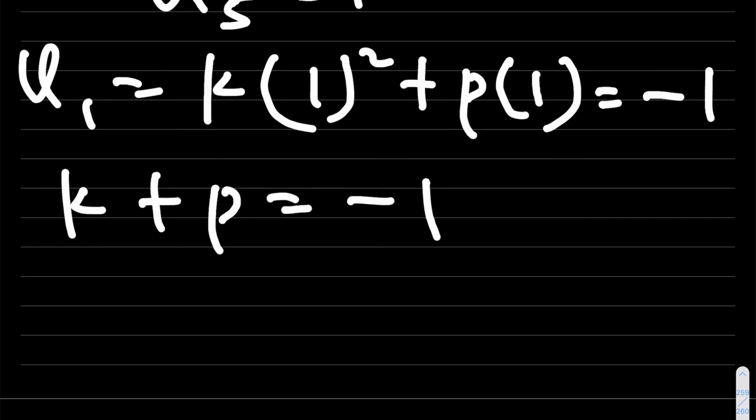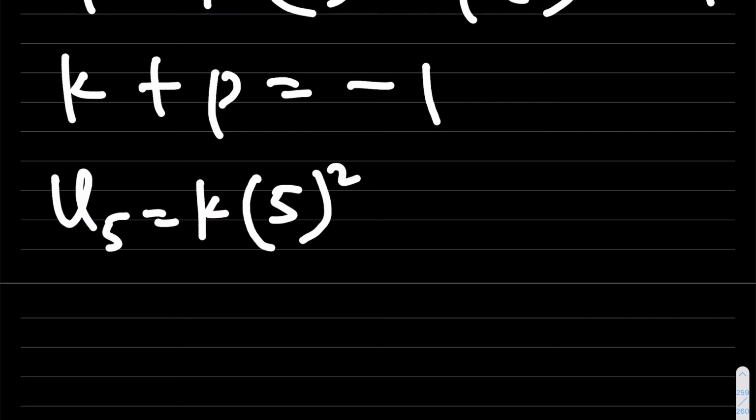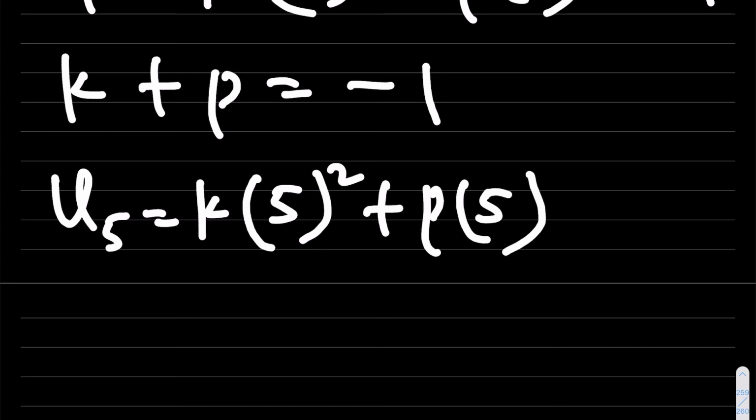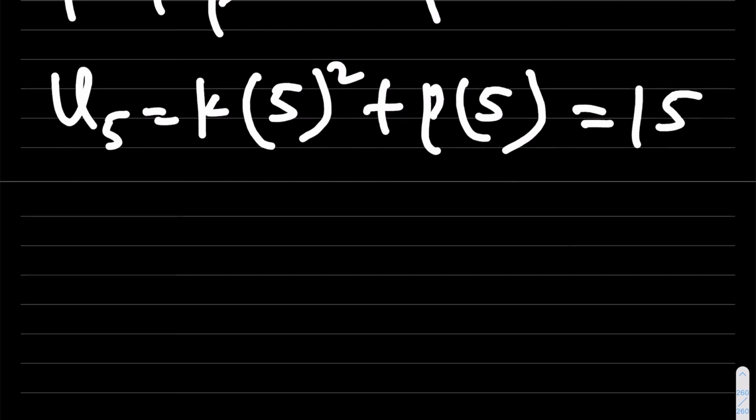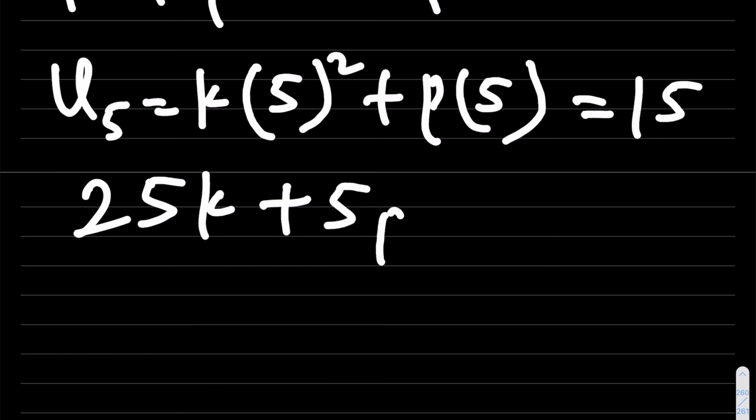u5 equals 15. That simply means u5 equals k times 5 squared plus p times 5, and that's given as 15. So that simply means 25k plus 5p equals 15.